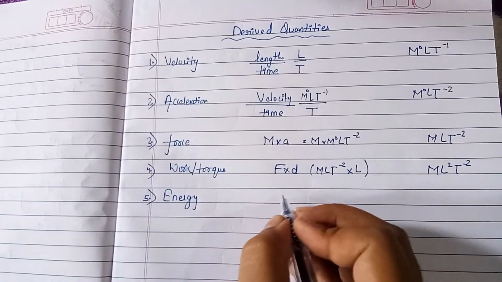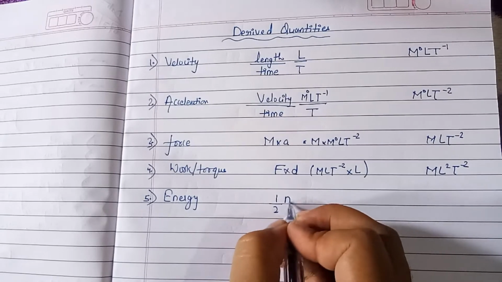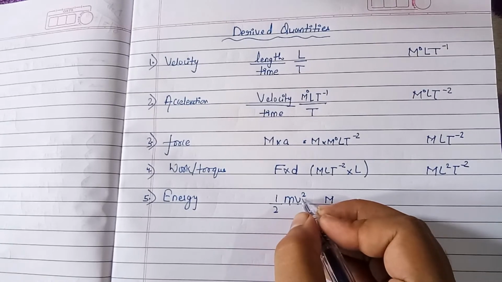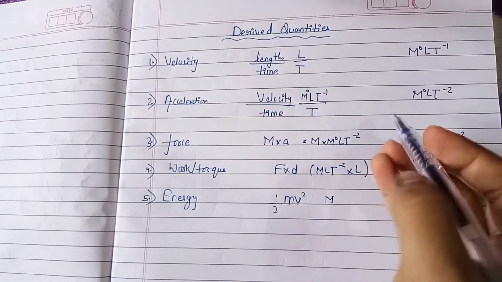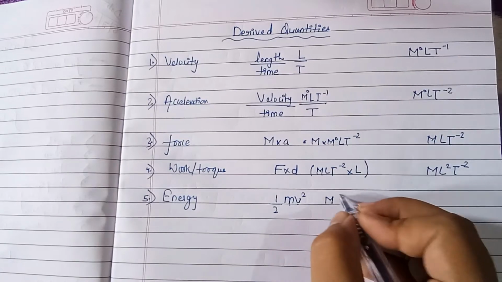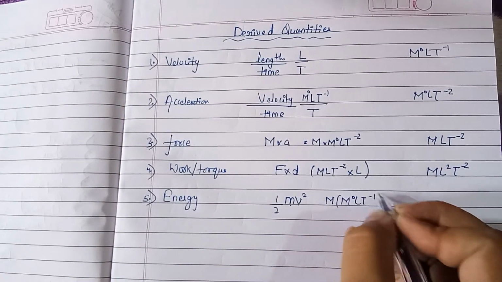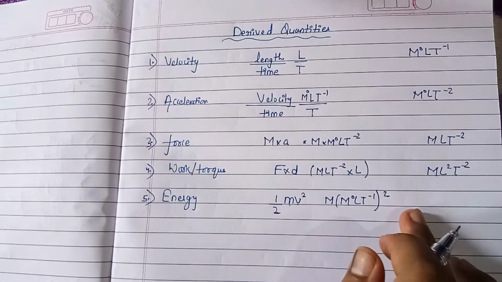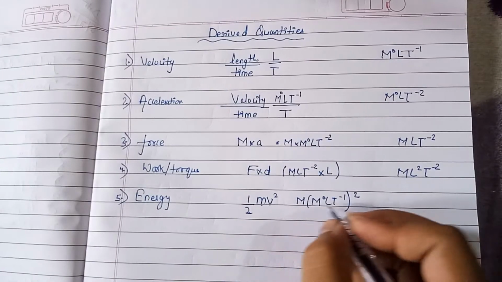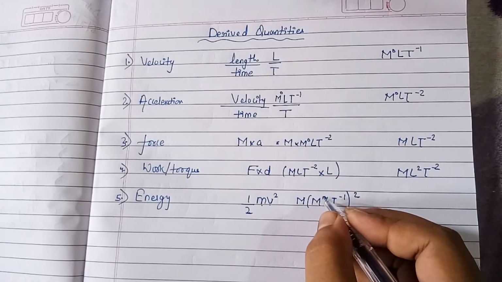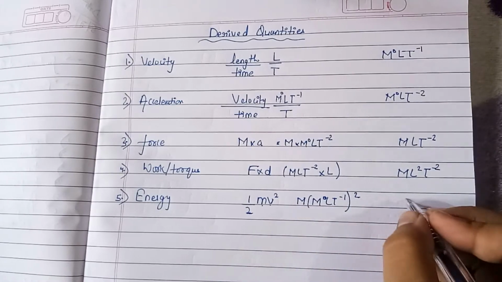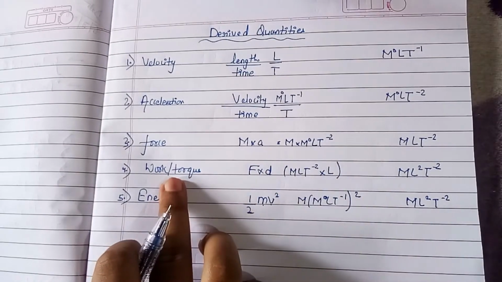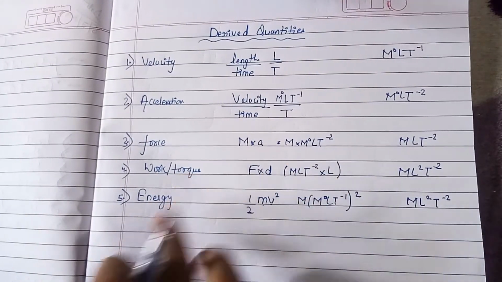The formula of energy is half m v squared. M is the mass, and v is the velocity, so the square of the velocity. We have calculated the velocity as M^0 L T^-1, the whole squared. 2 is a numerical value, so it plays no role in the derived quantity. So it will become M L^2 T^-2, which equals the derived quantity of work or torque.